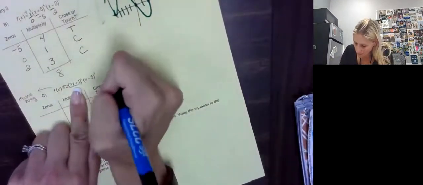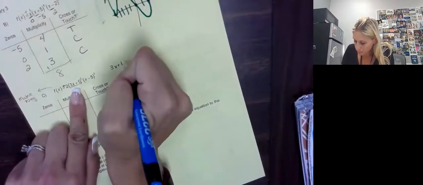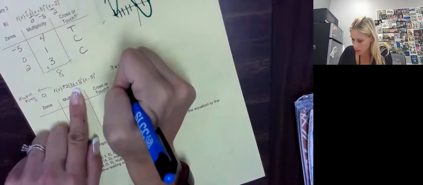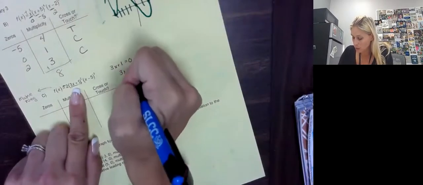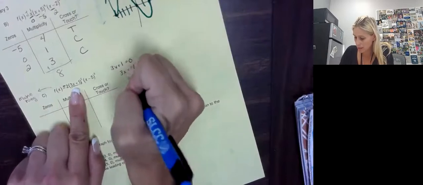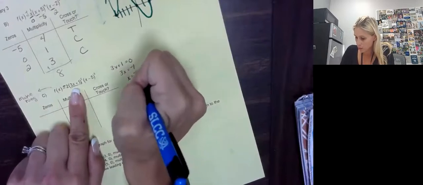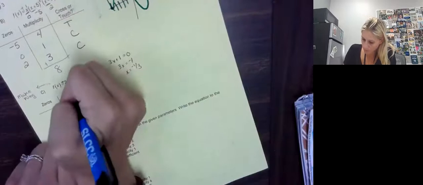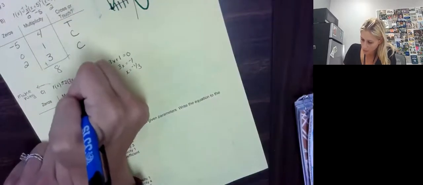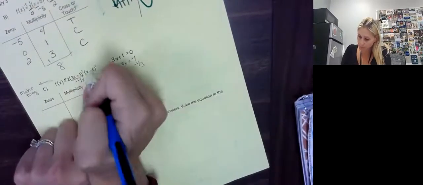But as you can see right here, if I put that on the side and I said 3x plus 1 equals 0, I have to do a 2-step equation. I get 3x equals -1, so x equals -1/3. And then our other 0 here is at +5.